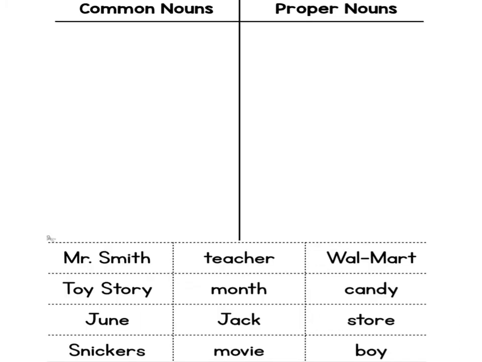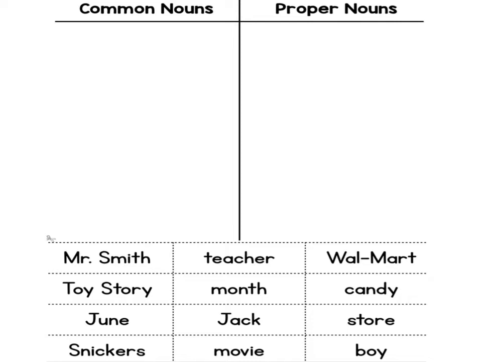And now, to test your knowledge about common nouns and proper nouns, we have an activity. You just need to copy in your notebook common nouns and proper nouns and make a table. No need to copy the choices. You need to sort these choices into common nouns and proper nouns.